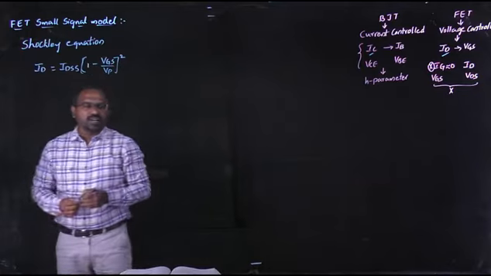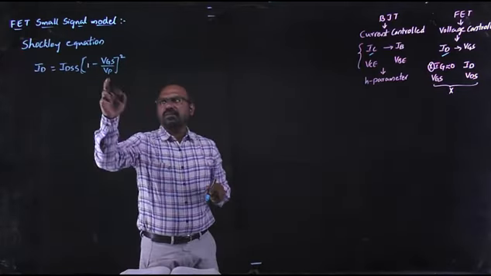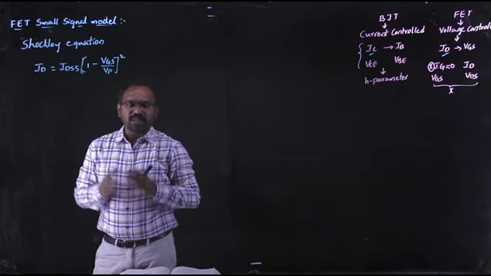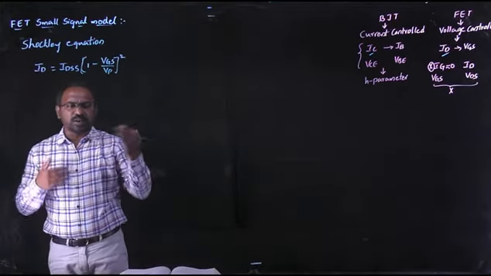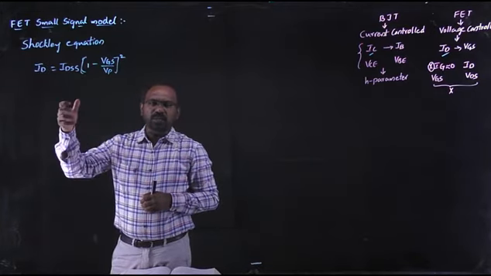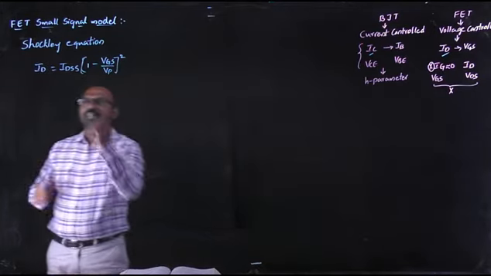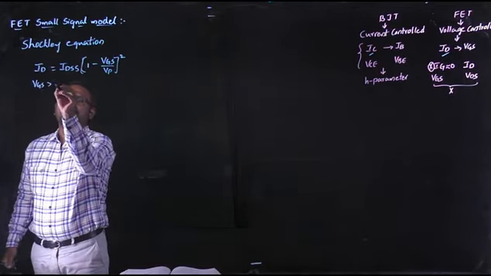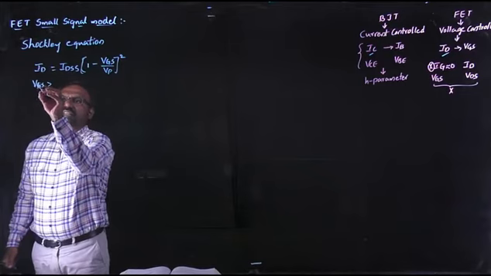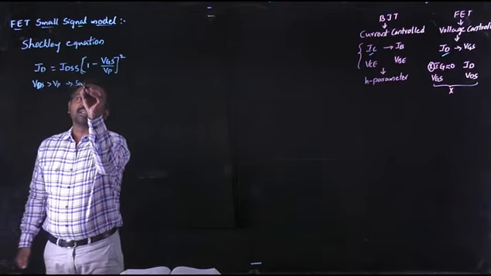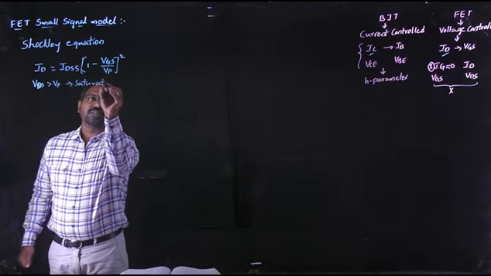You already know what VGS is, you already know what VP is. VP means the pinch-off voltage, where the pinch-off voltage is the cutting edge between the ohmic region and the saturation region. Once again I am reminding, when VDS is greater than VP, the transistor will be in the saturation region.